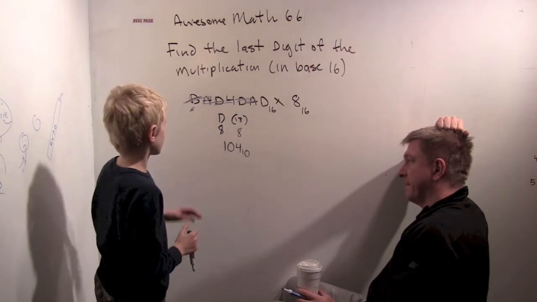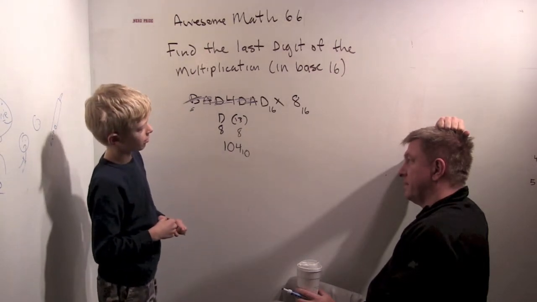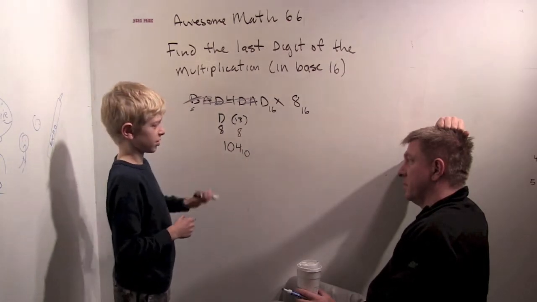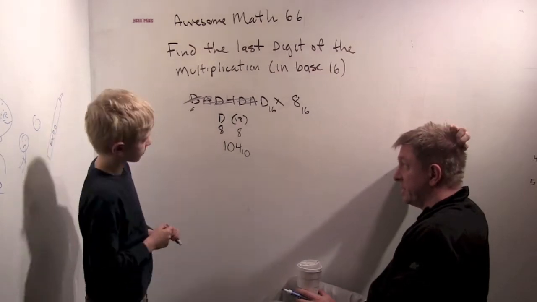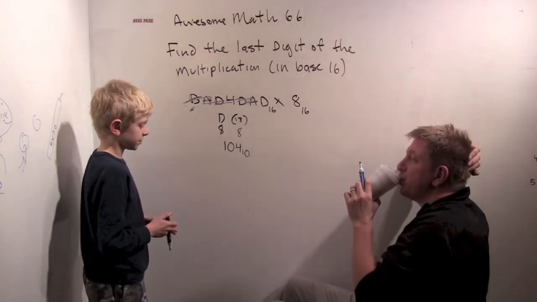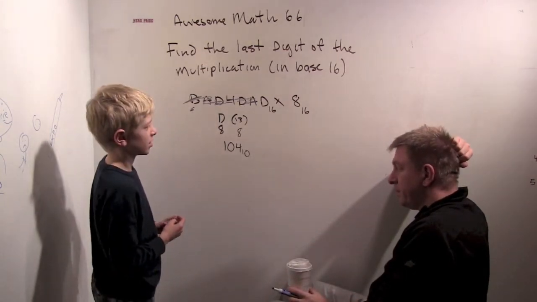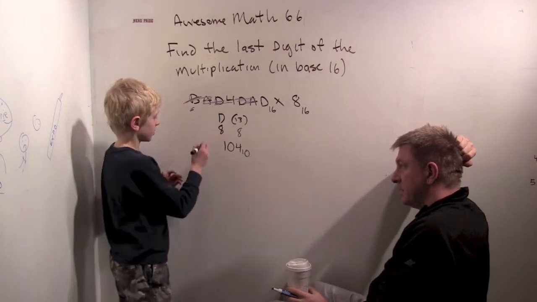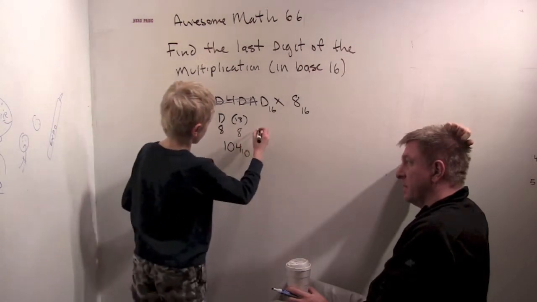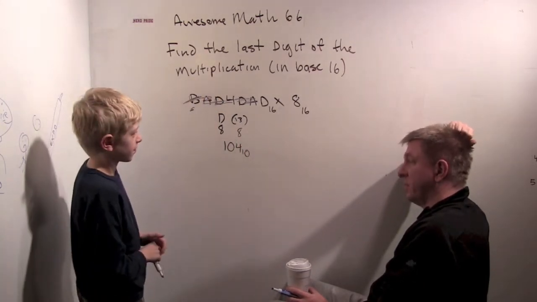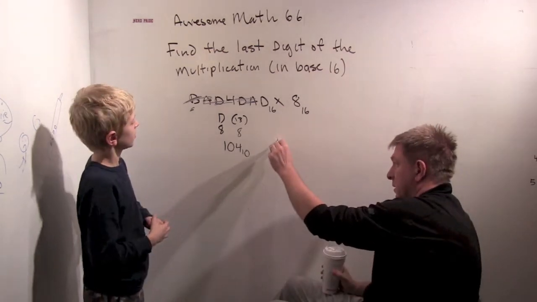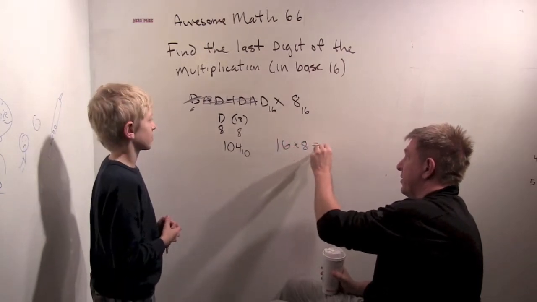Well, 128, because that's 64 times 2. So 128 is 16 times what? 16 times 4 is 64, so that would be 16 times 8. 16 times 8 is 128.